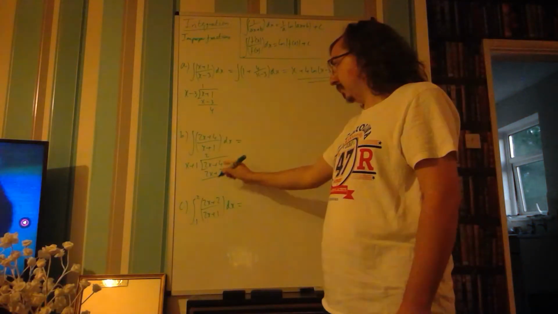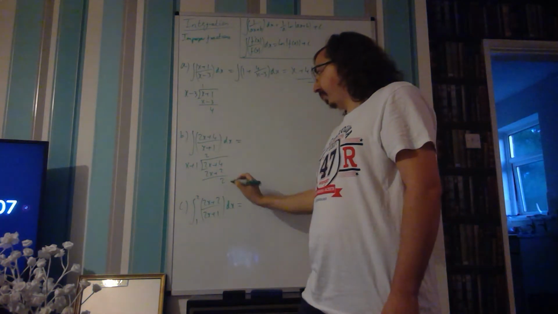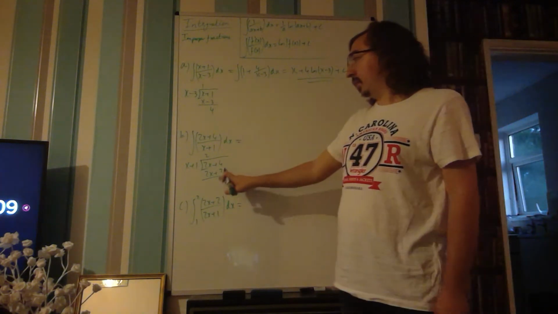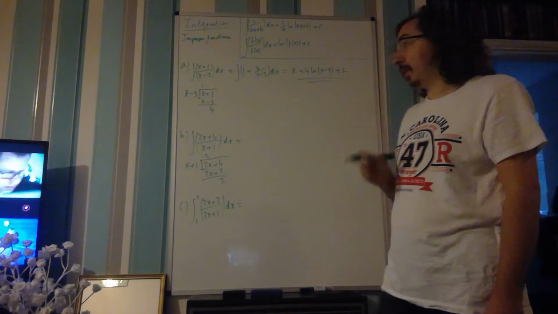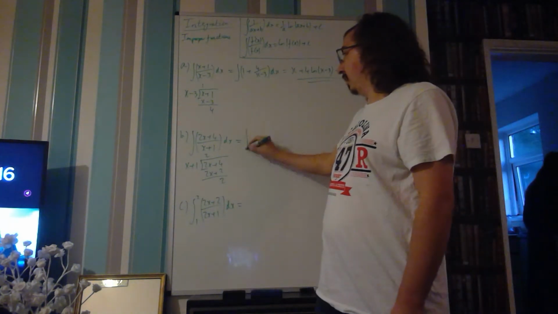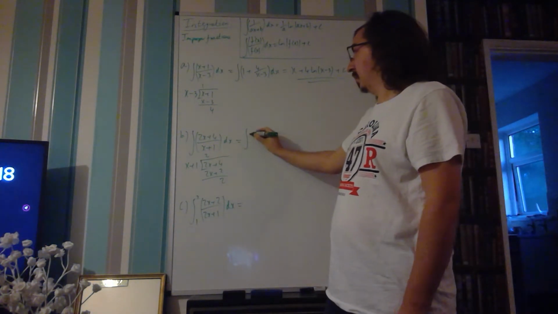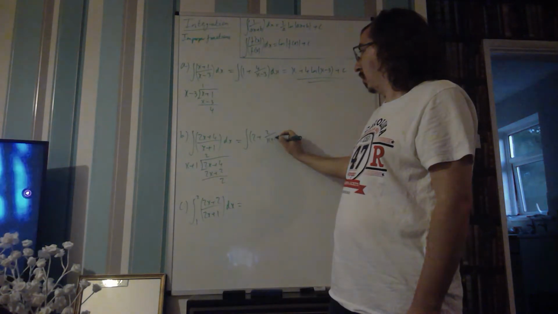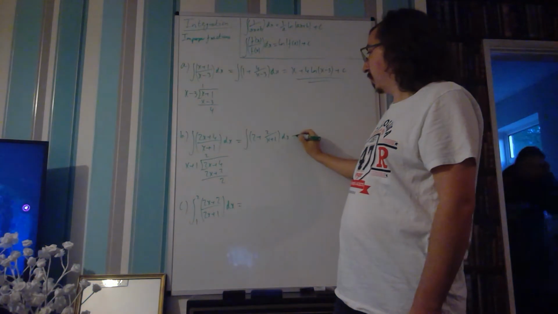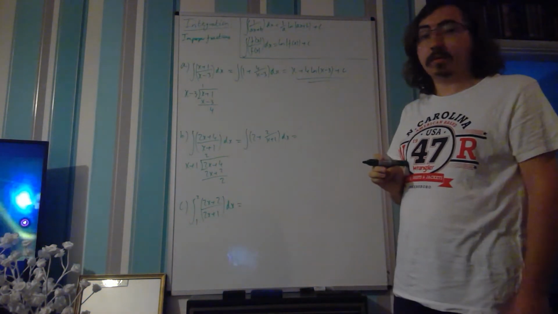Subtract, the x's cancel. 4 minus 2 is 2. The highest power of x here is less than the thing that we're dividing it by, so we can stop. So really we are going to integrate 2 plus 2 over x plus 1 with respect to x.